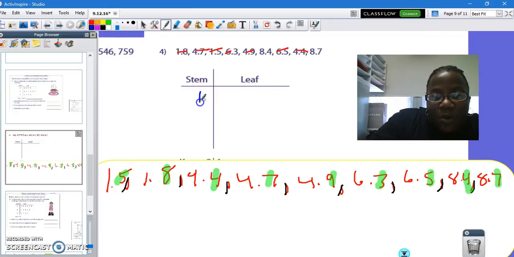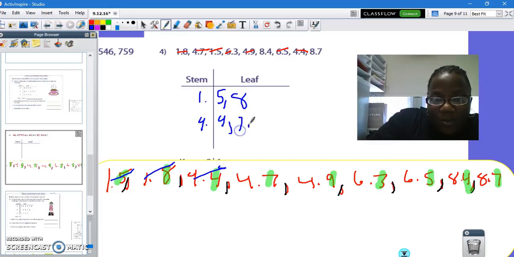All right, so now we're going to place the stems with a leaf. So remember, 1, and so I have 1 point. I like to put my point in. 5, okay, done. 1.8, done. My next one is 4.4, and then 4.7, 4.9. I have 6, 6.3, 6.5.